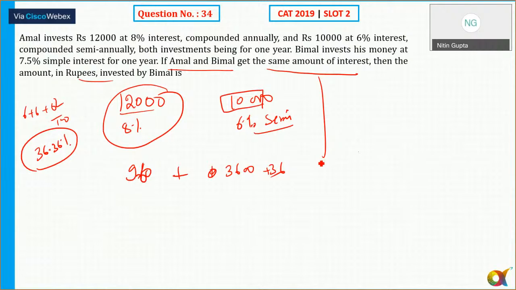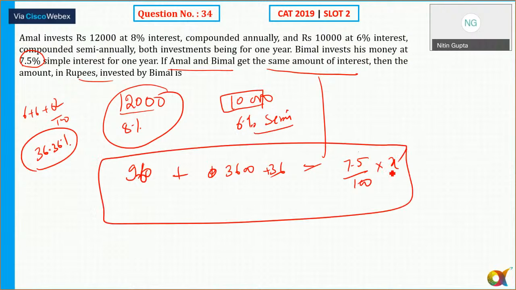And this is equal to what Bimal is getting, at rate r on 100. So solve this, you'll get the answer here. The value comes out to be, I think, 20920. That is the answer.